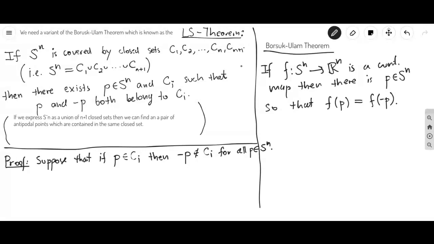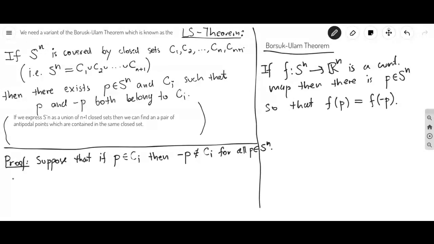So we're doing it by contradiction. The LS theorem says that you can find a pair of antipodal points that belongs to some closed set Ci. And we're assuming that no matter what point you pick on the n-dimensional sphere, if a point belongs to Ci, then its antipodal point does not belong to Ci. And we're going to get a contradiction out of this.